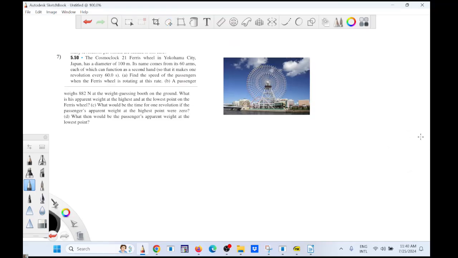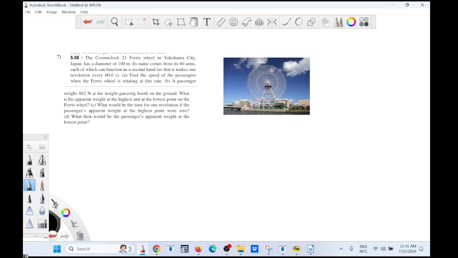So this one comes from your textbook, University Physics. It's at the end of the chapter, but we already discussed those examples in class. So this is in Japan, and you have the Cosmo Clock 21 Ferris wheel.